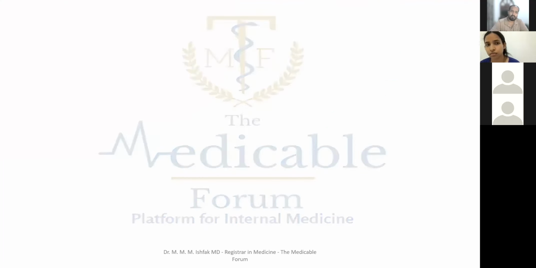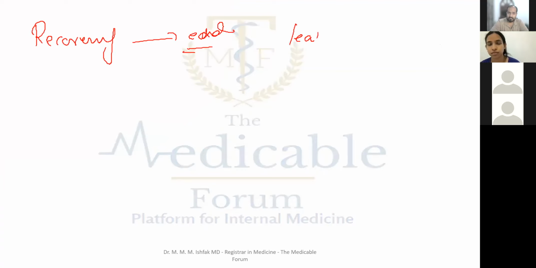Now the problem here is that he is recovering, because he's almost towards the end of the critical phase. So towards the end of the critical phase, what happens? There is leaking, there is resorption. Resorption is also there, leaking is also there, right?